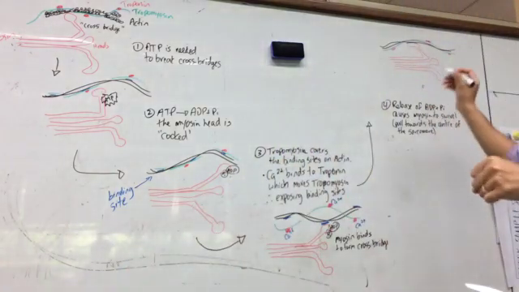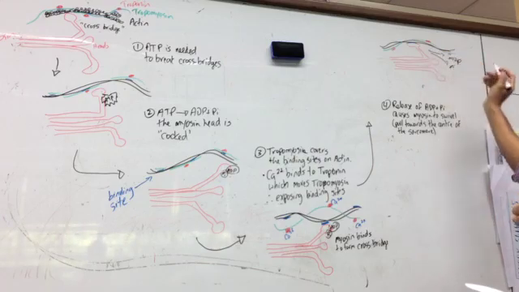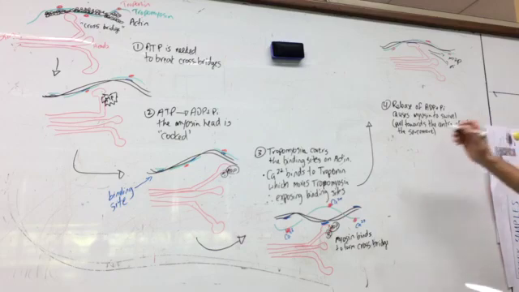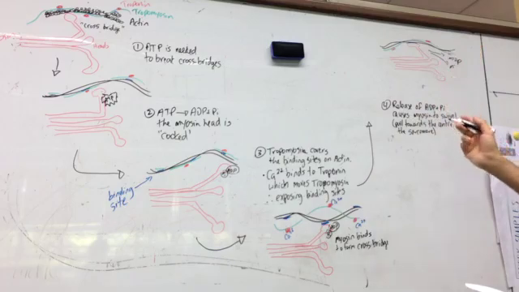So then ADP and Pi get kicked out and this is returned. The cross bridge remains, unless there's more ATP. The calcium is required to bind it, to open the site and expose it.